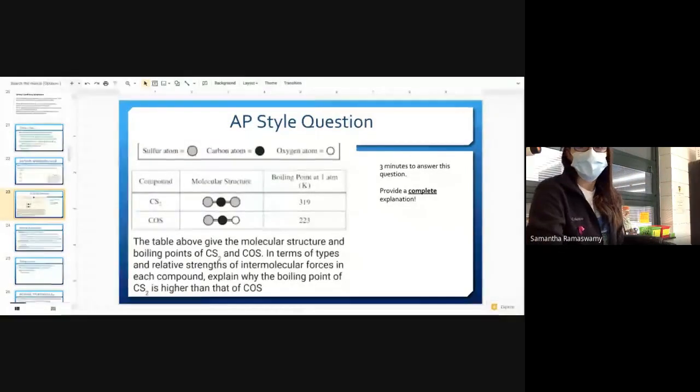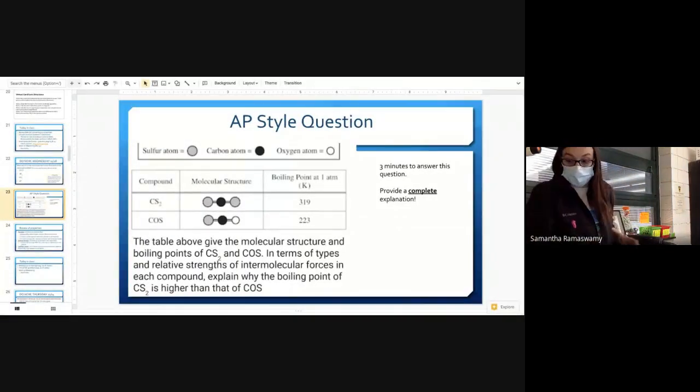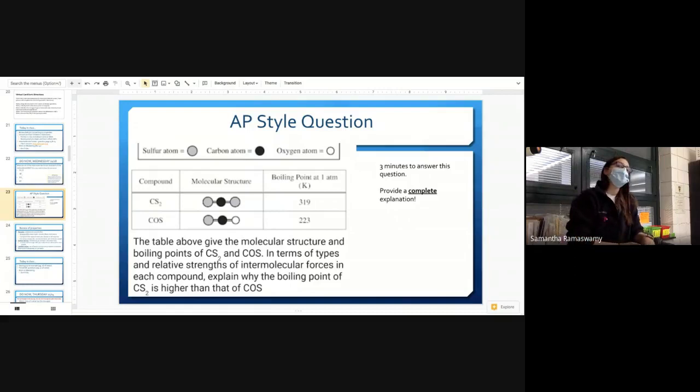So this is a question actually from an old AP practice test. And you'll notice it's relatively short. Like I just said, we'll take 3 minutes. You can try to answer it, whether at the bottom of your do now, somewhere on your notes, or on a blank piece of paper, or you just want to think about it, you can.